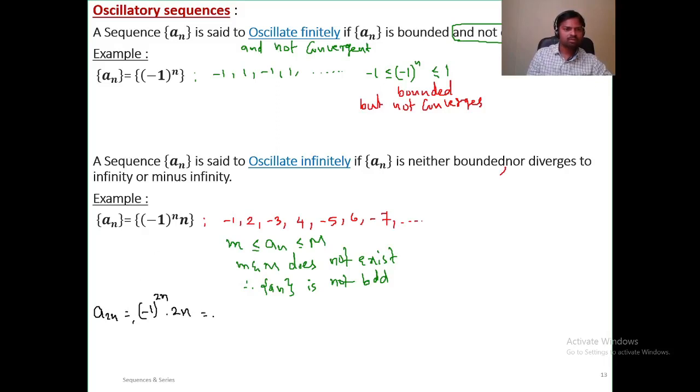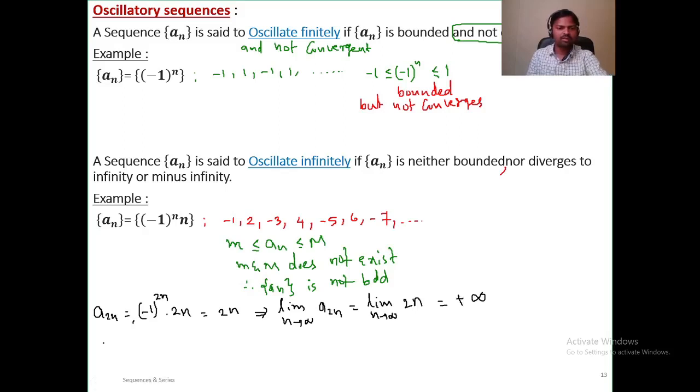What is this? (-1)^{2n} is plus, so it is just 2n. So the limit as n tends to infinity of a_{2n} is nothing but infinity, plus infinity.